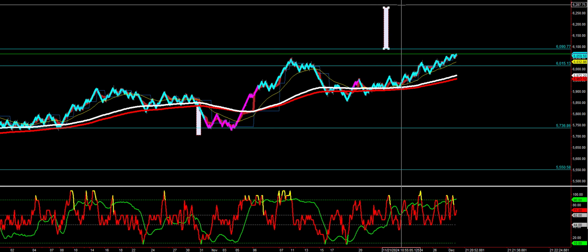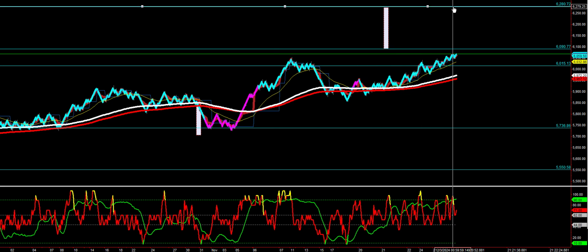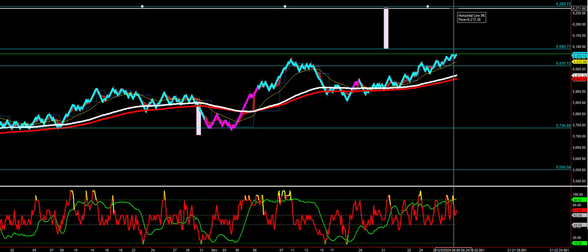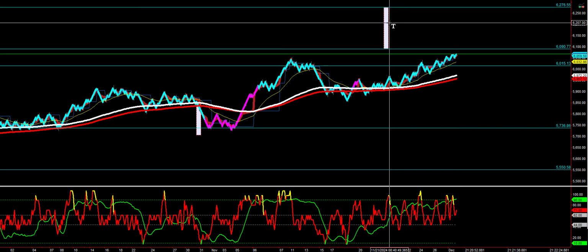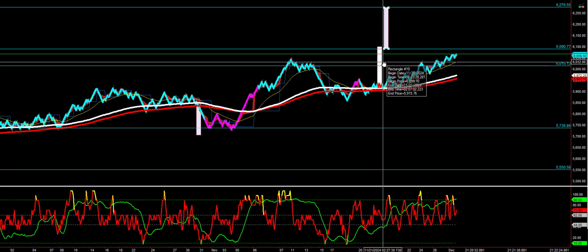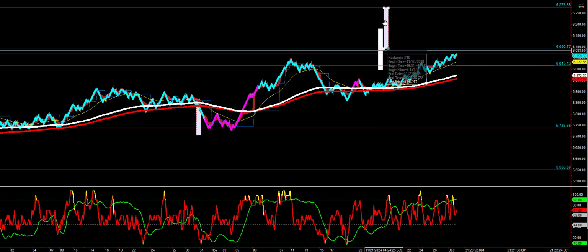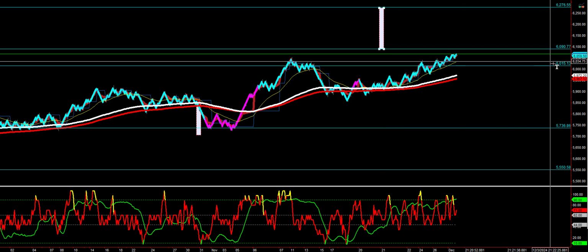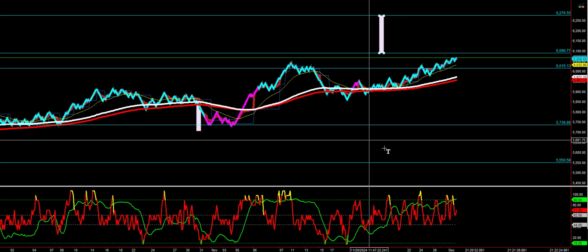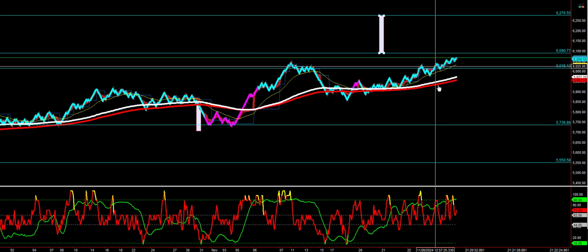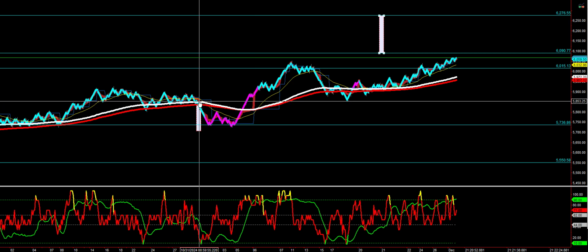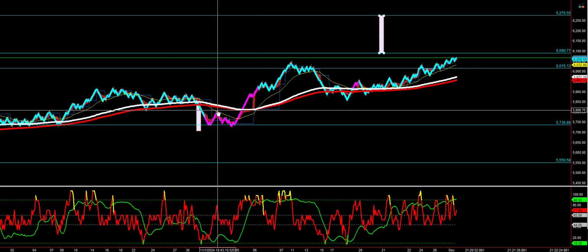And that's what we do, unless the market tips over 6275. Unless the market tips over on the other side, just like here, pulling back to this.